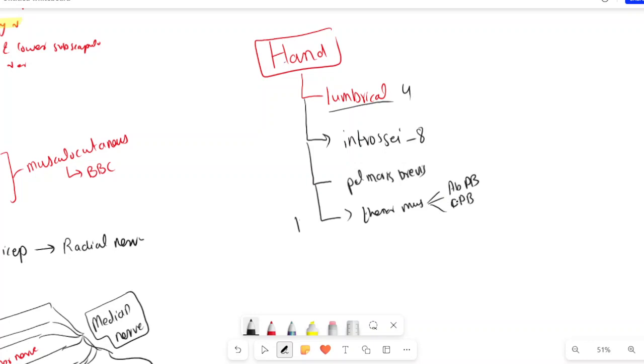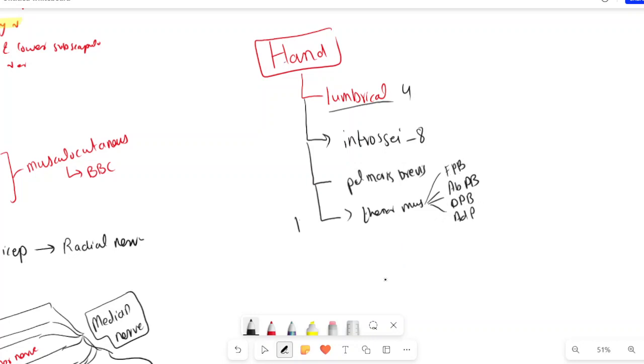And another is the adductor pollicis. Also there is flexor pollicis brevis.